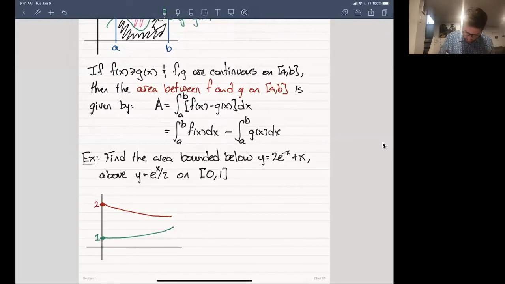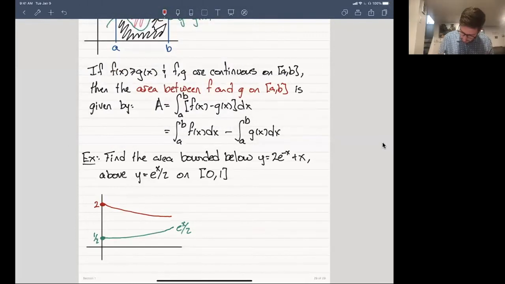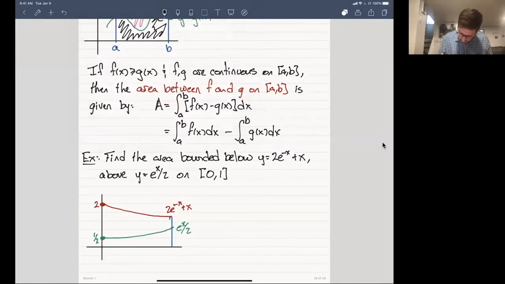Sorry, that's 1/2 there. So this is e to the x over 2. The red curve is given by 2e to the minus x plus x. And our integration bound here is given from 0 all the way up to 1. So this is the region that we are interested in, right in here.